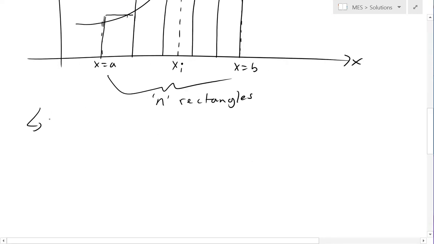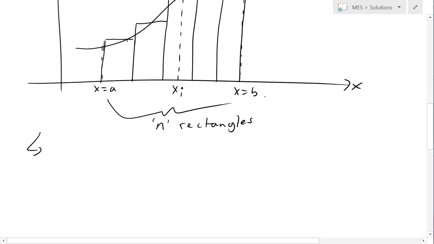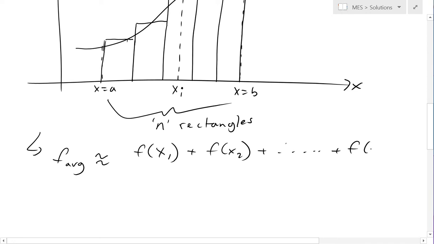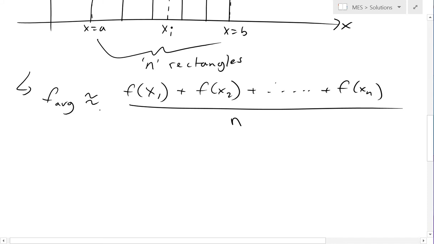Then we can roughly guess that the average of this function from x equals a to x equals b, f average, is roughly equal to f of x1 plus f of x2 plus etc. all the way to f of xn. And like before, we would divide this whole summation by n, the number of rectangles. So that is how our average function looks.